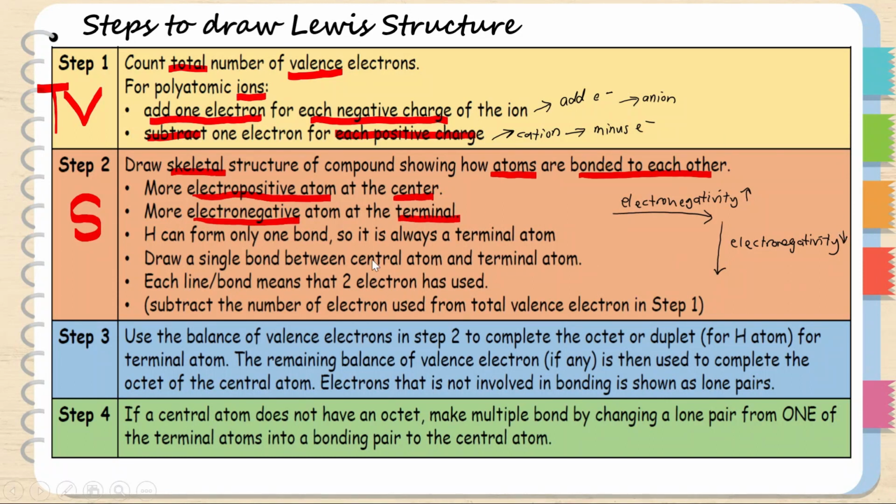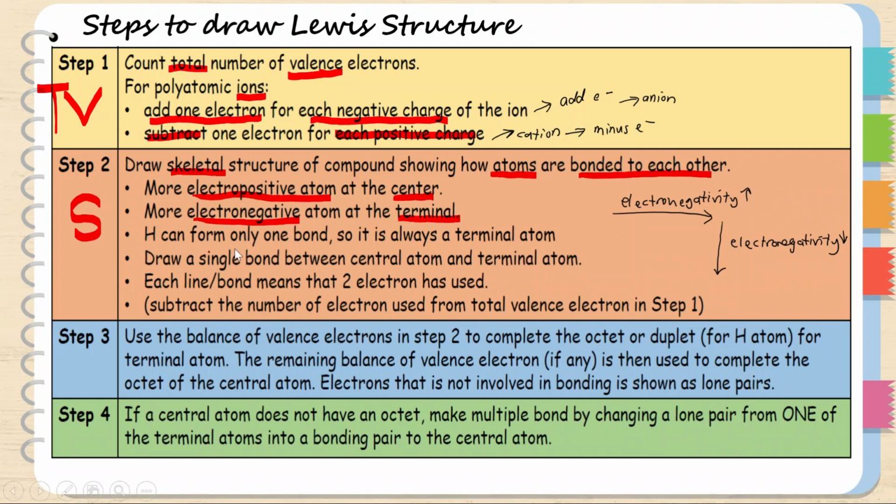That means if we have 2 elements, you need to look at the position of the element in the periodic table. Let's say we have an element from group 14 and an element from group 16. The element at group 16 is of course more electronegative, so it is going to be the terminal atom, while the element further to the left side of the periodic table should be the central atom because it is more electropositive.